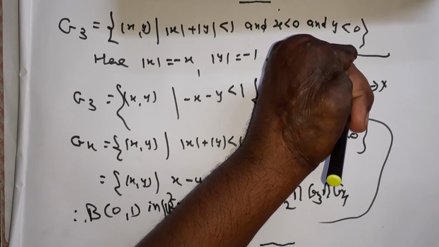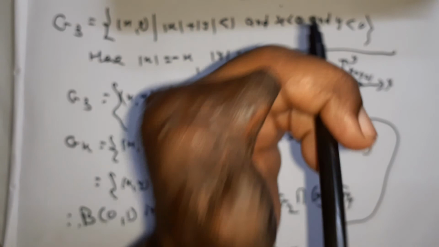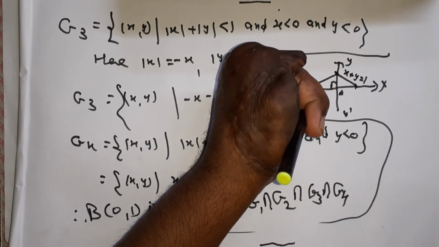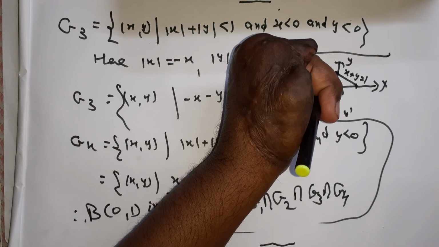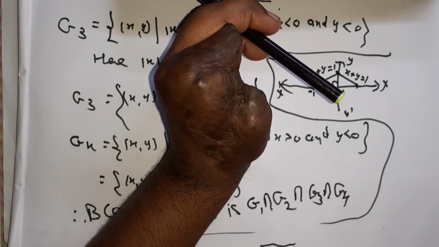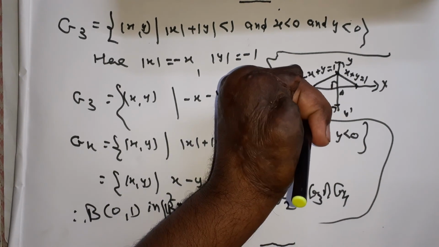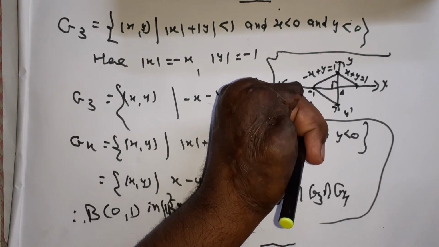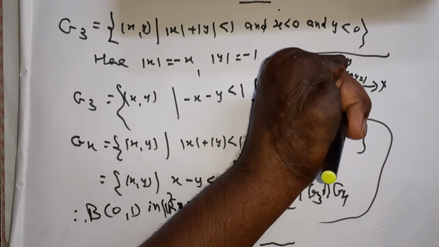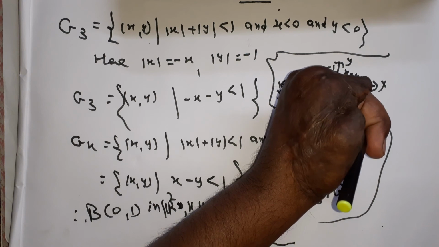This is the line minus x plus y is equal to 1, and this is the line minus x minus y is equal to 1, and this is the line x minus y is equal to 1.